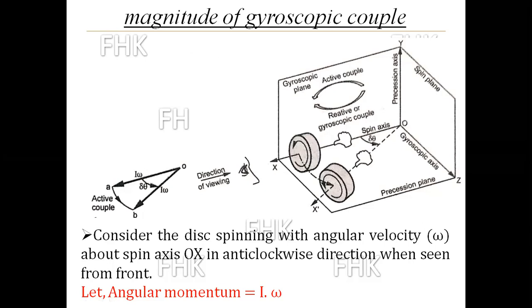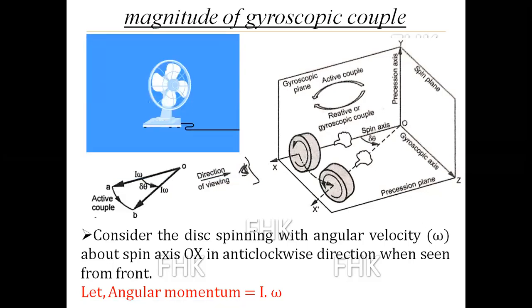This concept we can easily understand, and the best example for understanding gyroscopic couple is our table fan. The blades of the table fan are spinning about the horizontal axis, and at the same time the fan is precessing also.